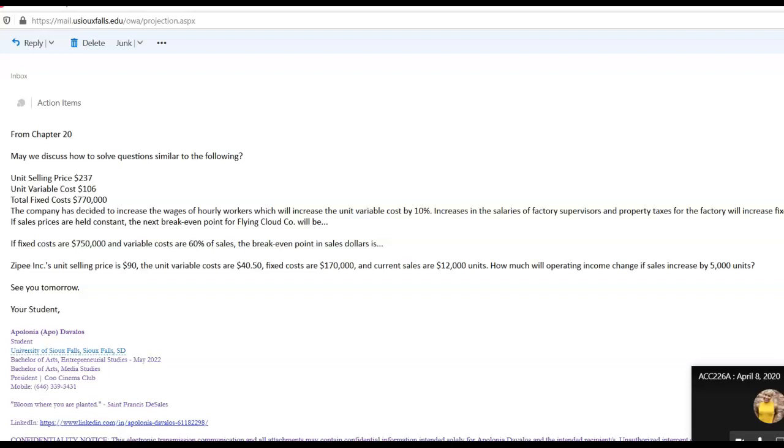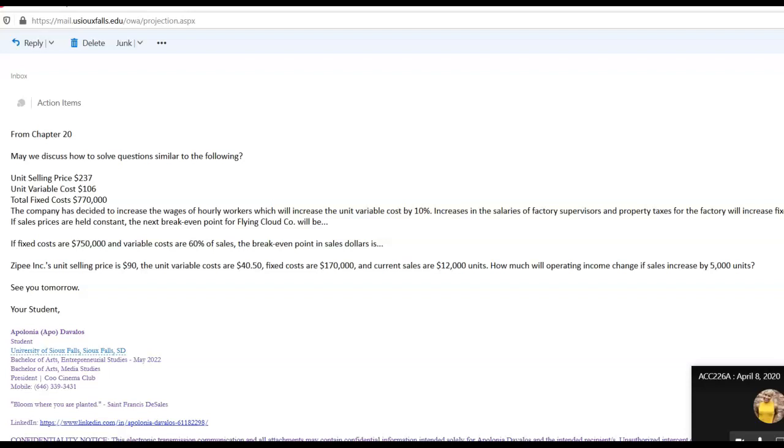And the question is how much operating income change will there be if we increase by 5,000 units? Well, then all you have to do is take your 49.50 again, your contribution margin, now times 17,000 units, and you get 841.5. Well, less your 170,000, again, a fixed cost, is a new number of 671.5.